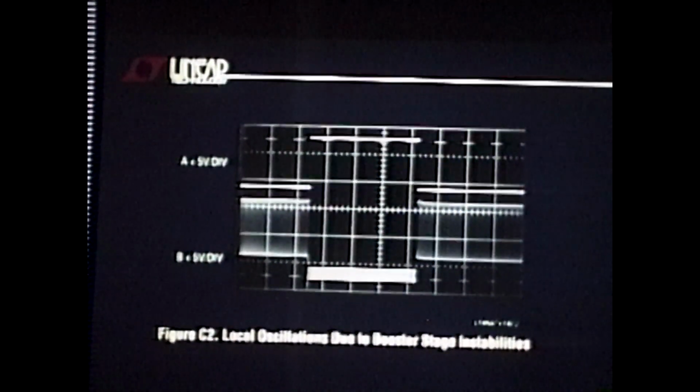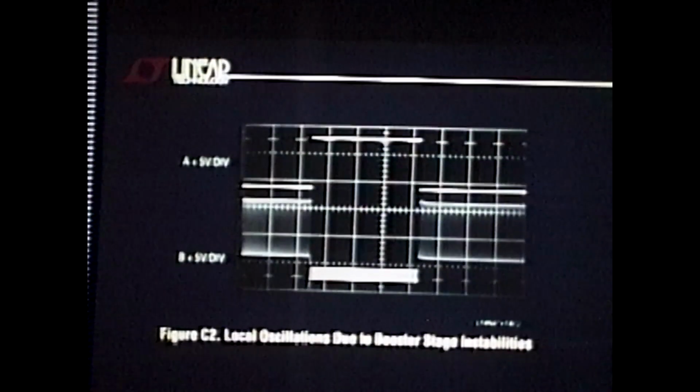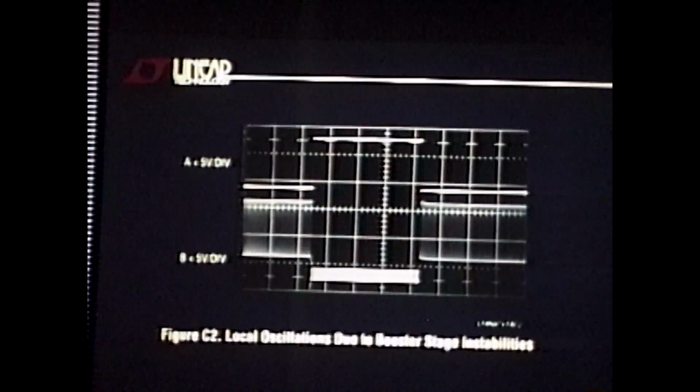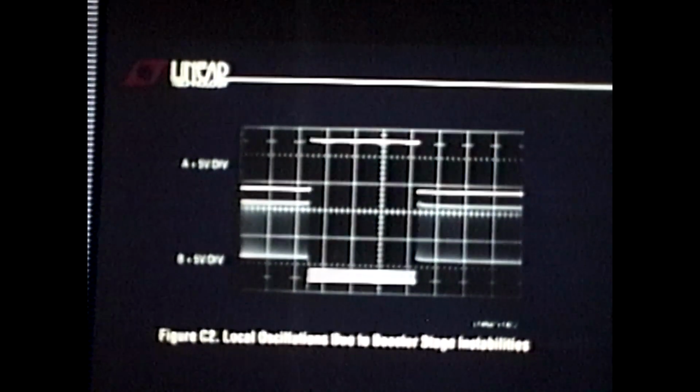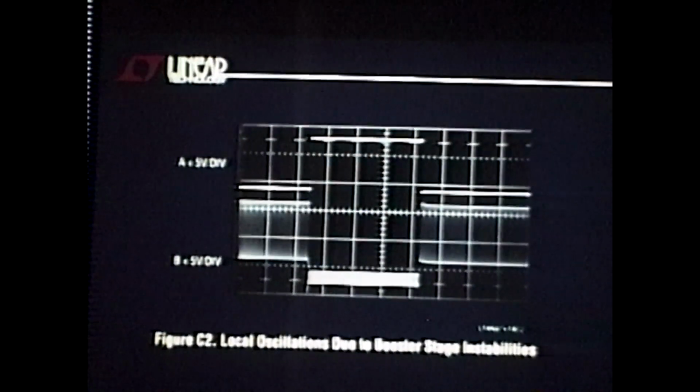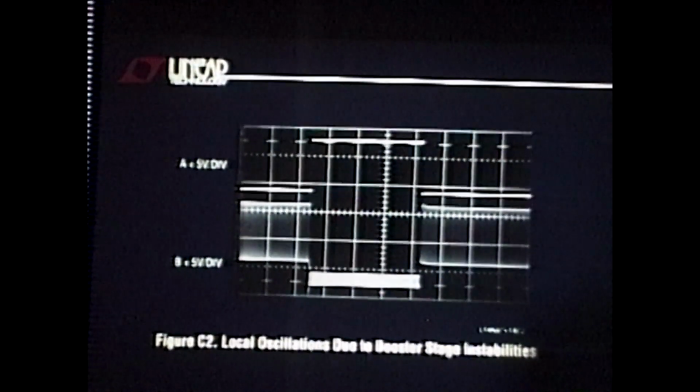When you see something like this on an oscilloscope, before you say, it doesn't work, it oscillates, say, at what frequency does it oscillate? That's the giveaway. The magic is that typical follower and device level oscillations are fast. The horizontal scale got cut off here, but my recollection is it's in the microsecond range.